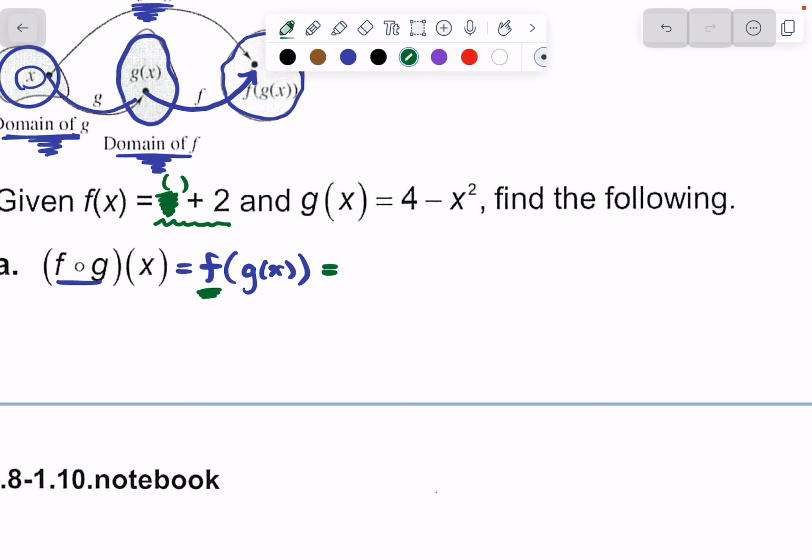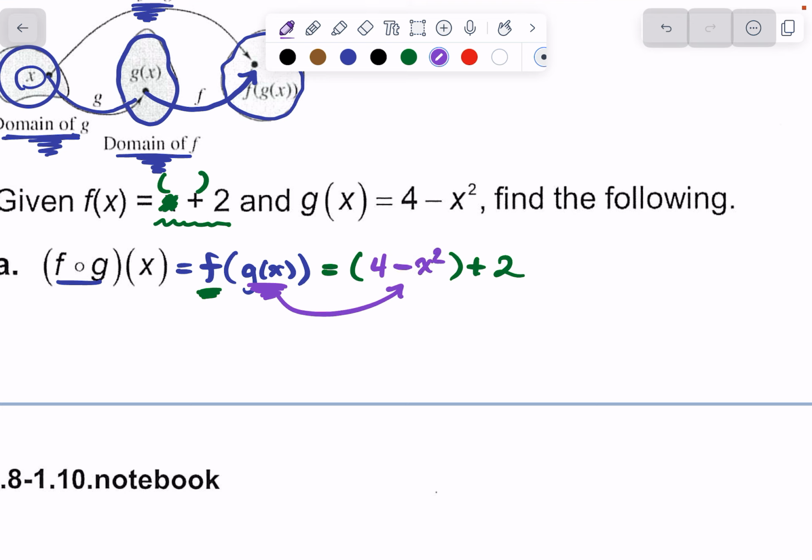Use a big parentheses actually, because you're going to put a lot of stuff in place of that x. So we'll do big parentheses plus 2. And then this is our inner function. That's going to go in the parentheses, right? So 4 minus x squared.